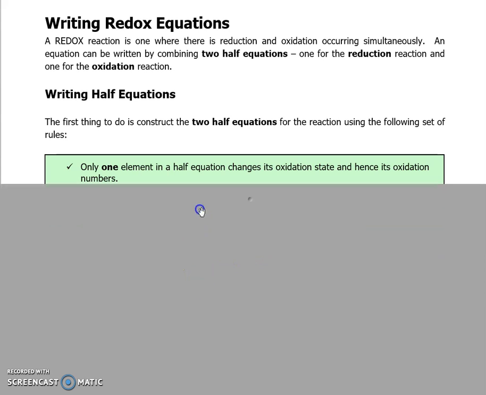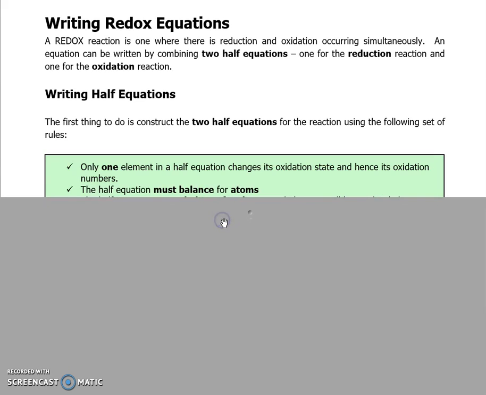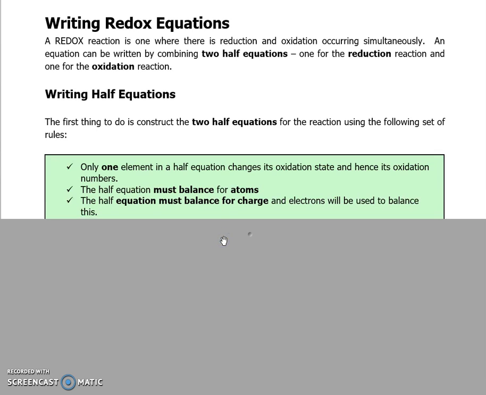Now there are some rules we have to follow when writing redox equations. The first is only one element in a half equation changes its oxidation state, and hence its oxidation number. The half equation must balance for atoms, as with any equation. Also, the equation must balance for charge, and electrons will be used to balance this.